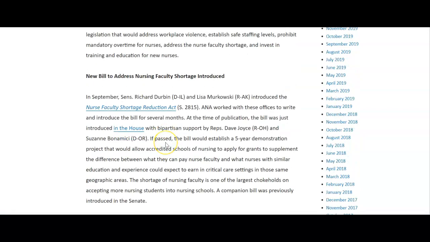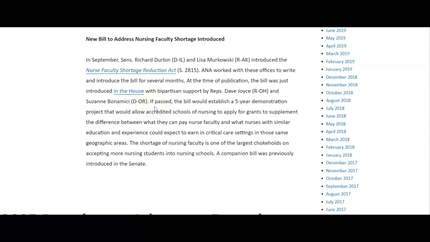What I noted was a new bill to address the nursing faculty shortage being introduced. It was introduced at the Senate level in November of 23, but I had the opportunity to find additional information because I thought, okay, where is this Nurse Faculty Shortage Reduction Act, S 2815?